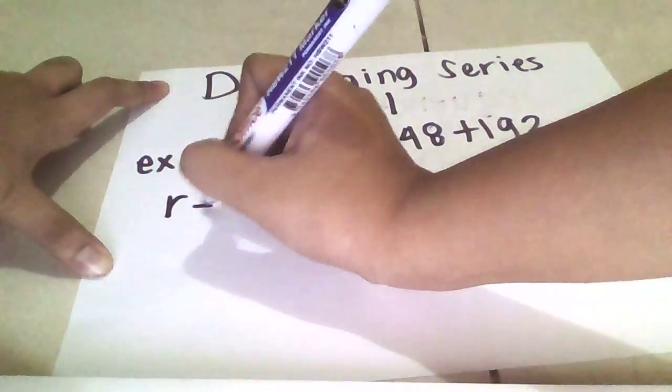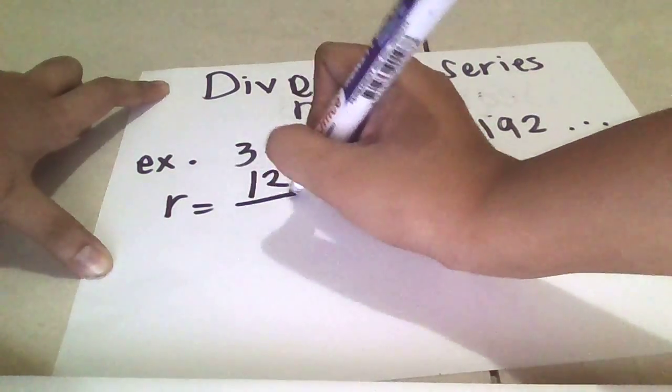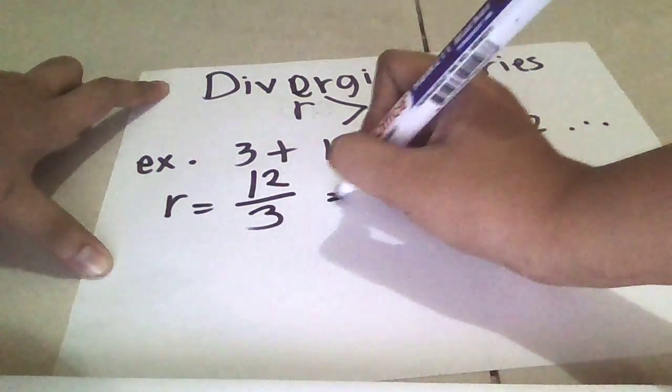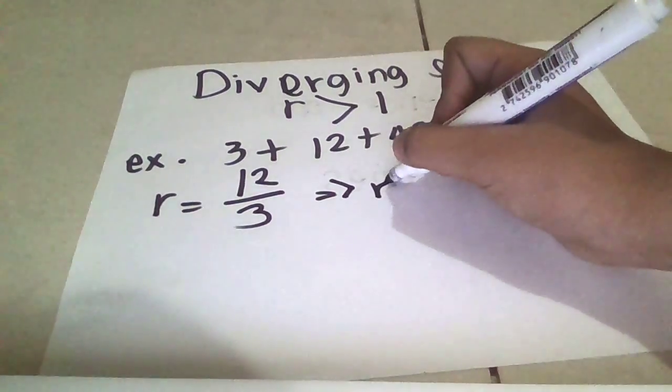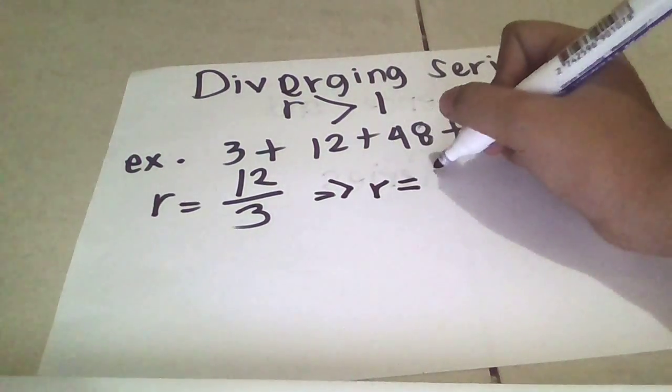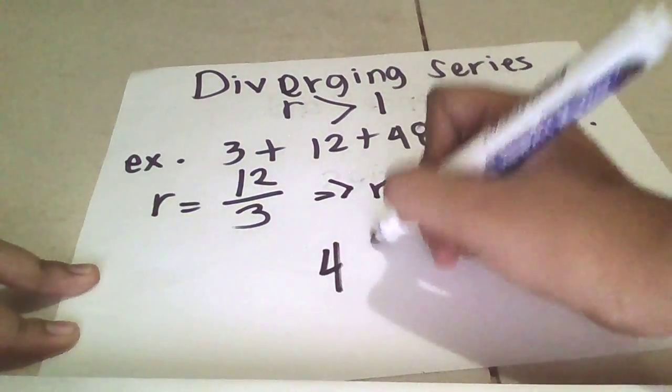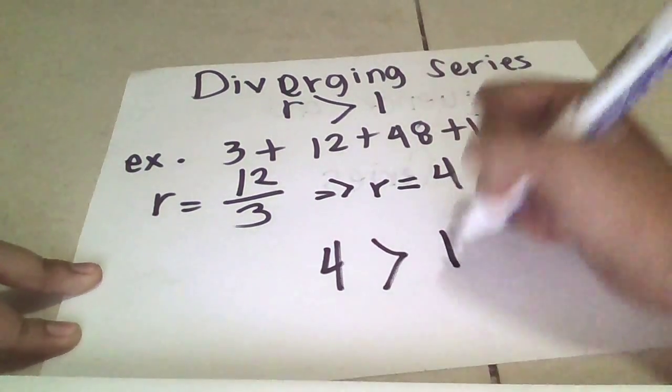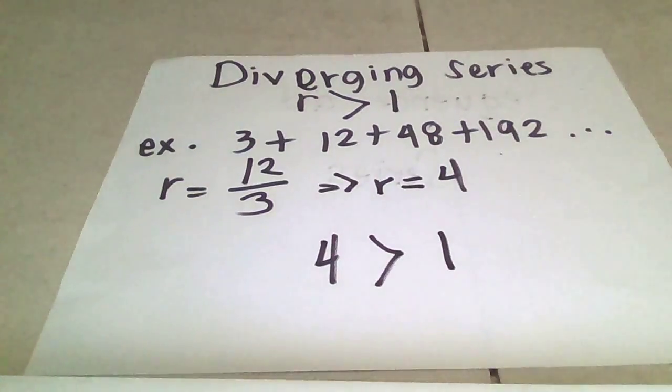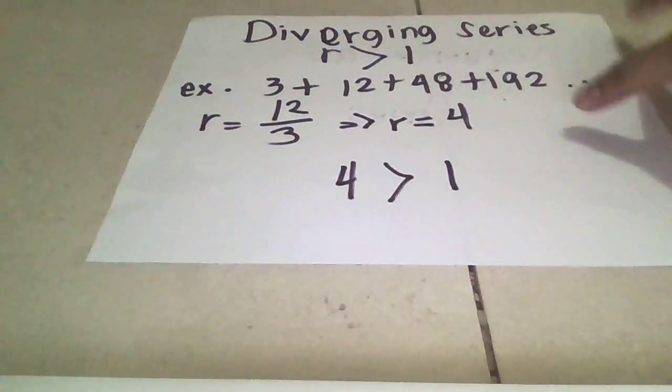So your r is 12 over 3. Your r is 4. So 4 is greater than 1. So the series is a diverging series.